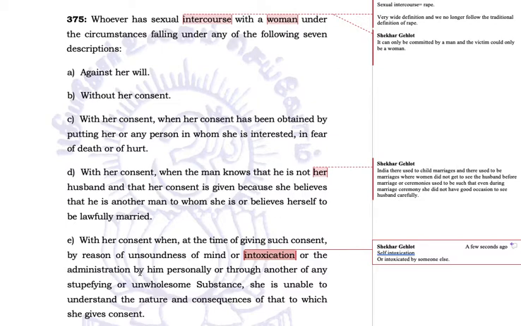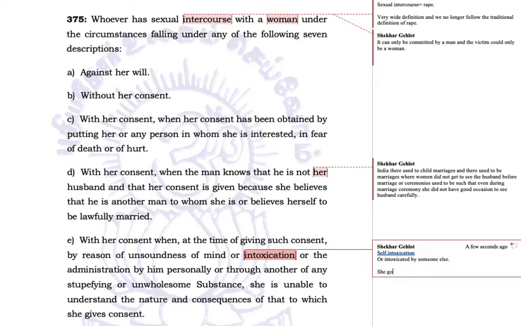Or the administration by him personally, or through another, of any stupefying or unwholesome substance, so that she is unable to understand the nature and consequences of that to which she gives consent. Or something is administered to her in which she is not able to give a consent.